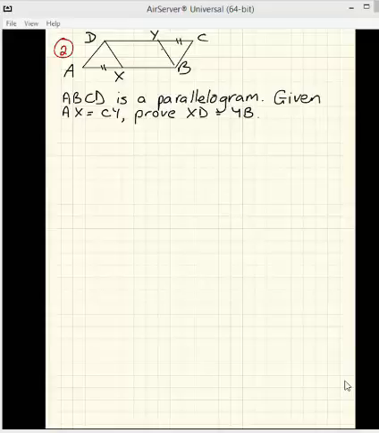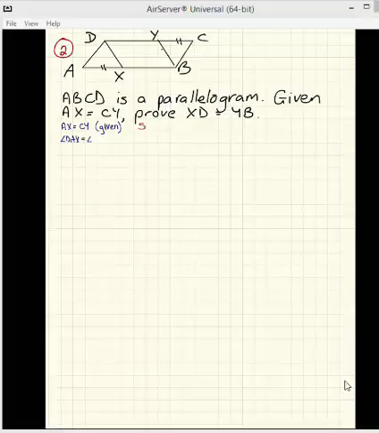So the first piece of information I'm going to use is the piece that was given, and that's the fact that AX is equal to CY. So that's given, and that there is my side. Okay, so then I want to look at the angle. So as we said, angle DAX is equal to angle.